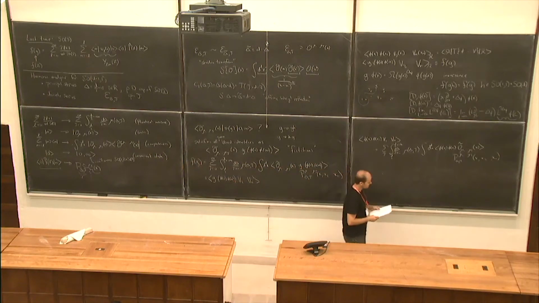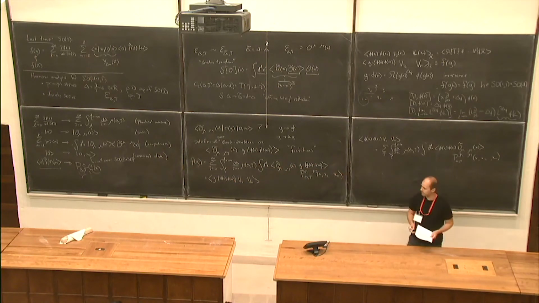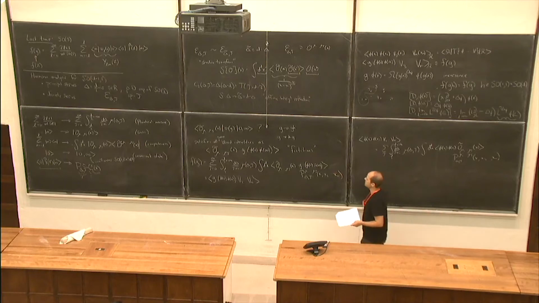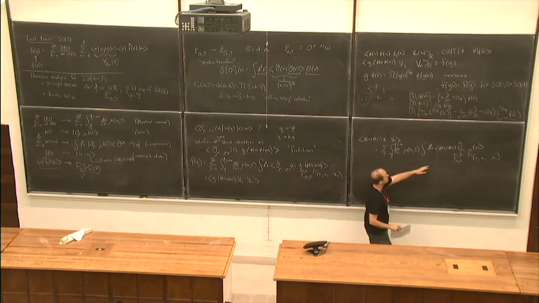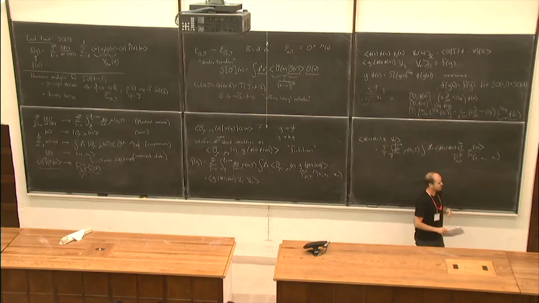Okay. One thing I should say is that this exact same logic might look sort of familiar to some of you. Precisely this logic can be used to derive the split representation for propagators in AdS. So that has the same sort of flavor. You start with a function of 2 points.